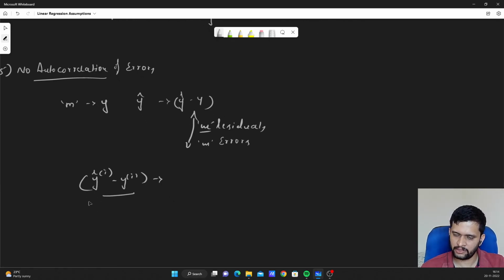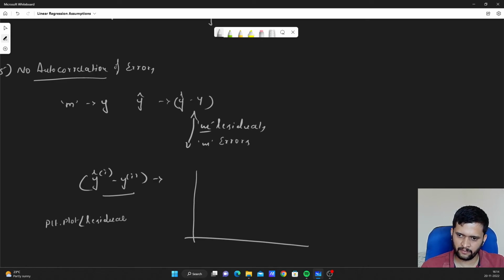If you just plot this using matplotlib, if you just say plt.plot and then residuals, it should give something like this.